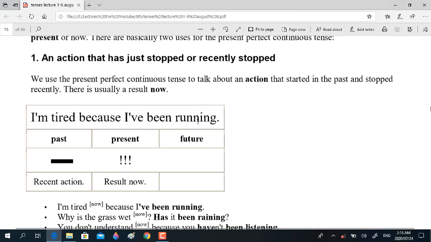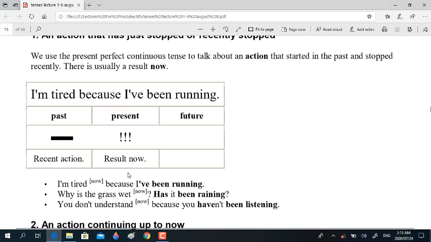I am tired because I have been running. Here, this is the same example. The action running has been completed. The result now is in the present. That is tired.